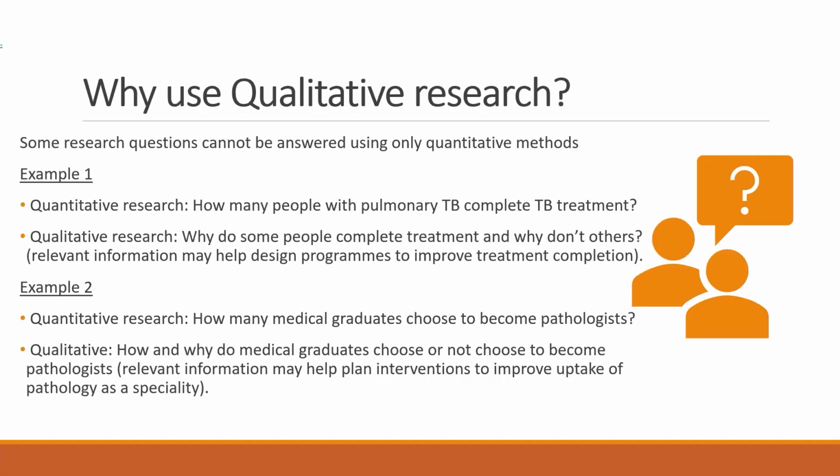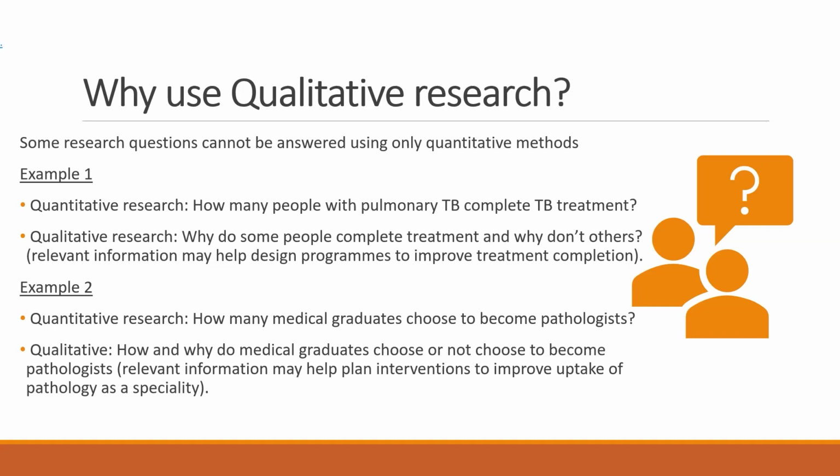So there are some questions in the world that just can't be answered with quantitative research methods. An example would be, if you wanted to know how many people with TB complete treatment, then you would obviously quantify that.